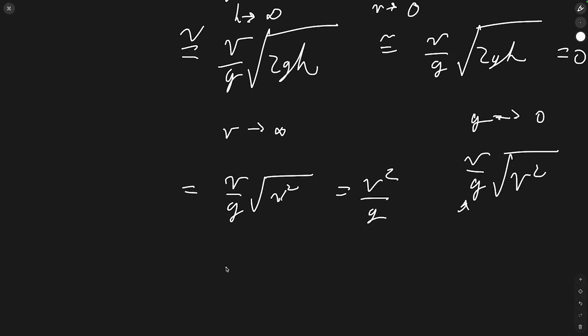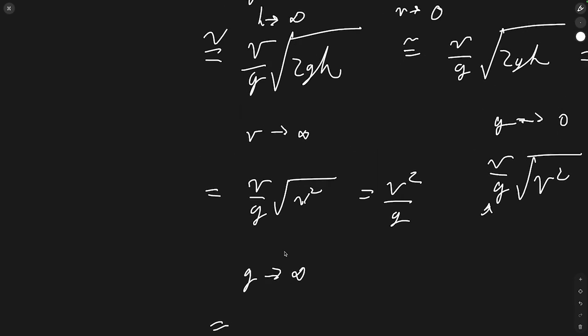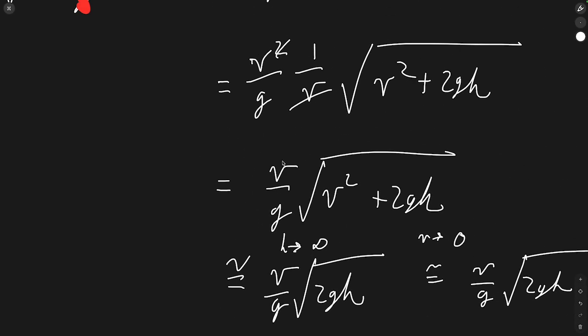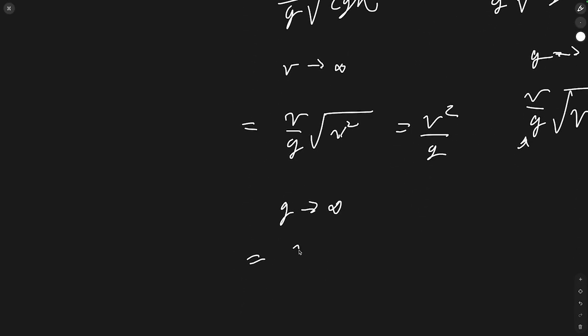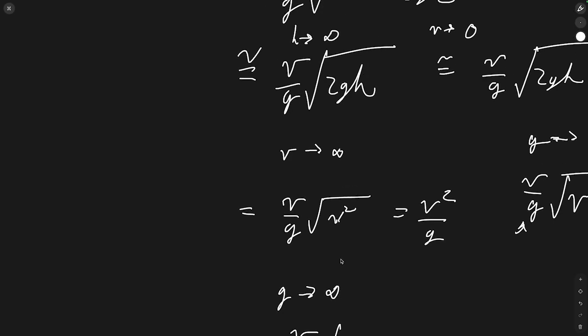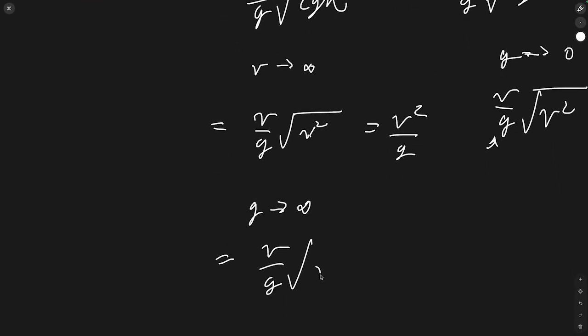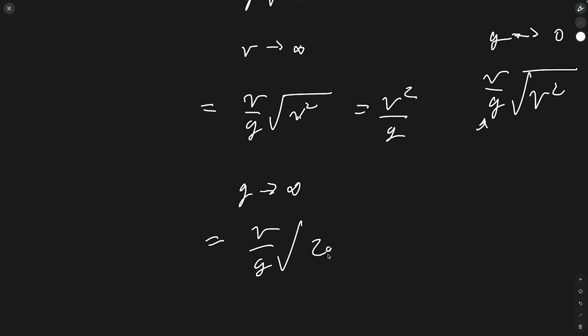What about when g goes to infinity? Okay. When g goes to infinity, what do we have? What are we working with? We have that this term dominates, so v over g times the square root of v squared. This term dominates, so twice gh.